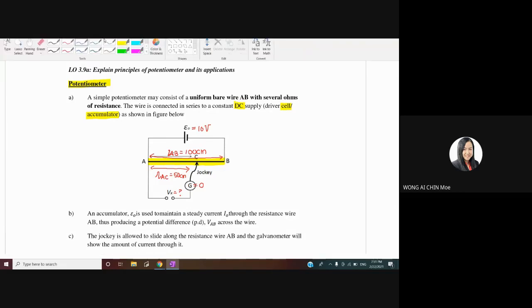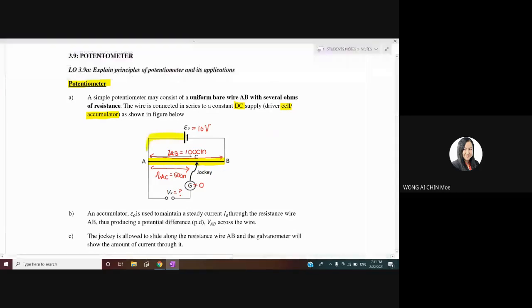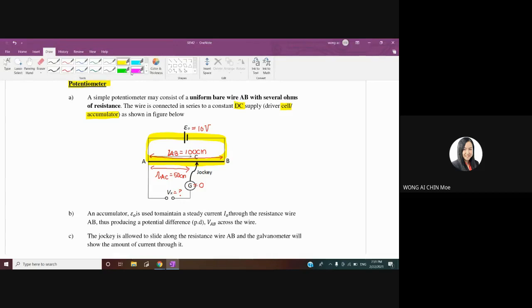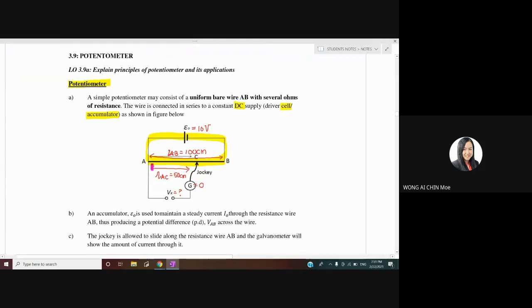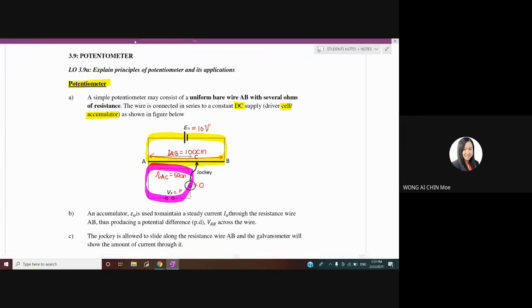I use a different color. We have a bigger loop, and another one is a small loop, which only involves the 50 cm wire.